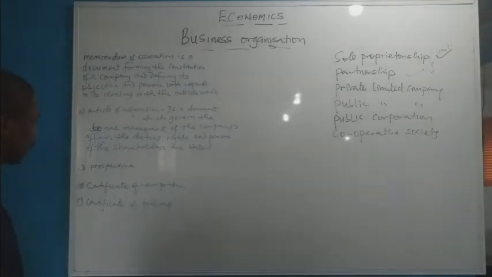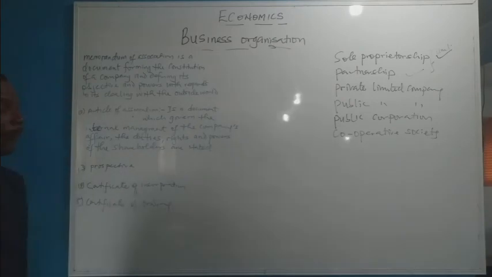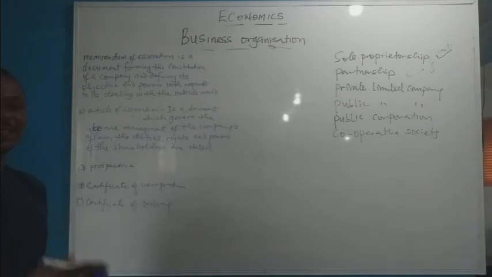Now, the certificate of trading is another document that is needed by the public limited liability company. Having been given all these documents, the public limited liability company cannot commence business until it has been issued with the certificate of trading. The certificate of trading is the document that permits the public limited liability company, otherwise known as the joint stock company, to commence business.